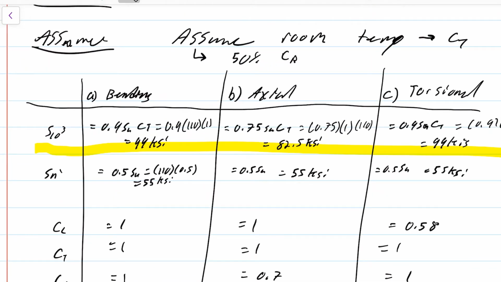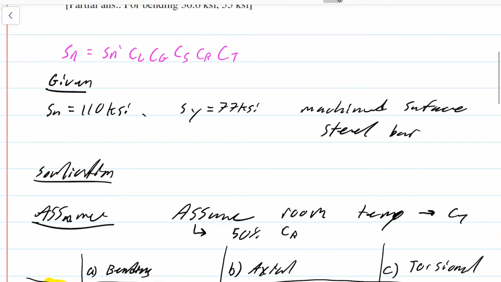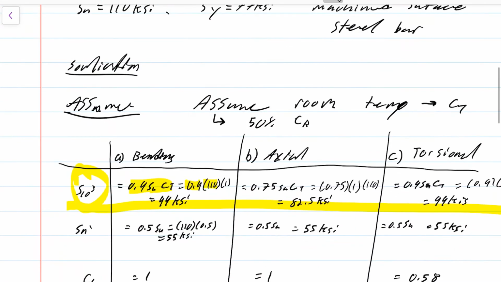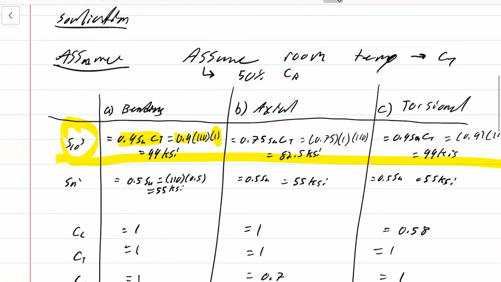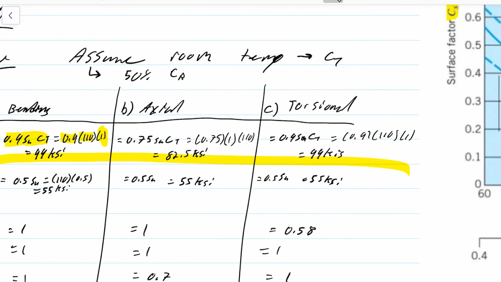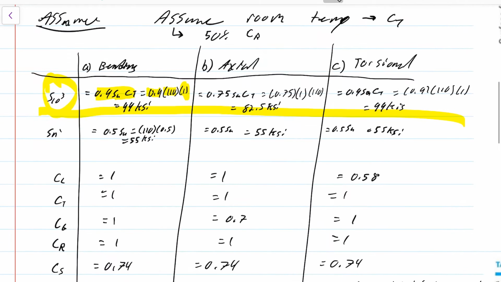So we take those values and write them down in the table. This is our first equation to find S10 to the 3. If we do 0.9 times 110, because 110 was what we were given in the question, and then times 1, because that's what the temperature is, we get 99 KSI. For the next one, we get 82.5 KSI, and for the final one, we get 99 KSI.